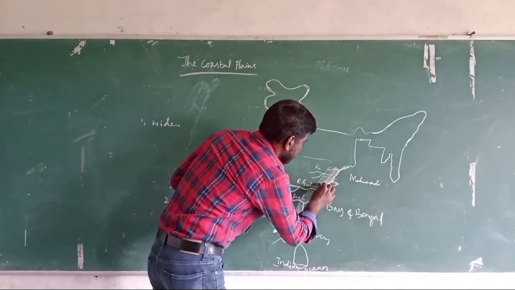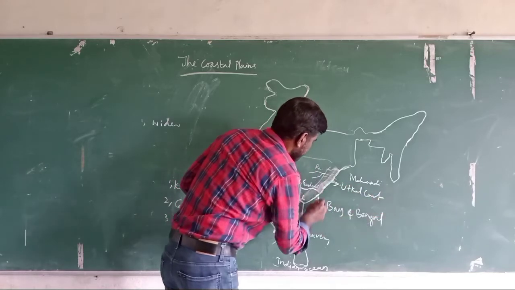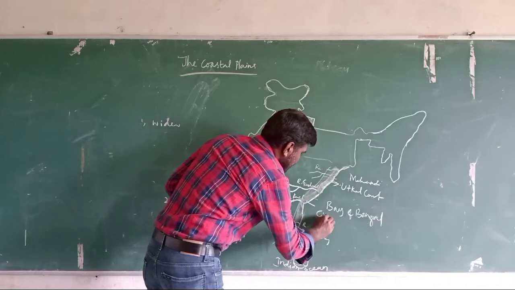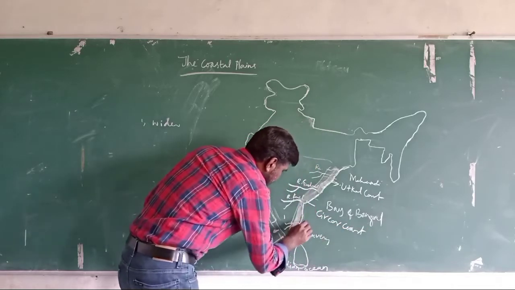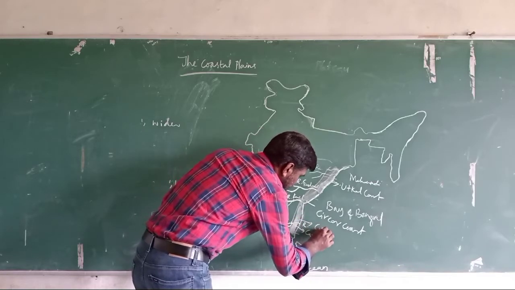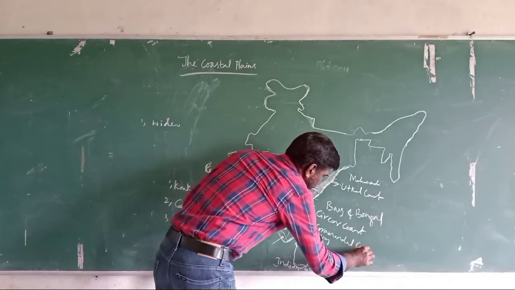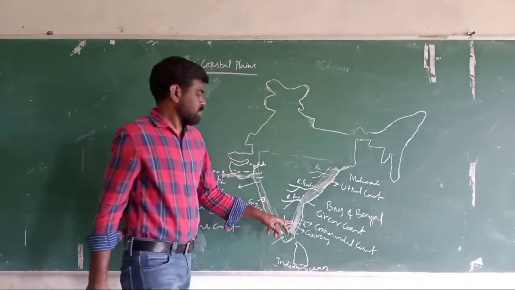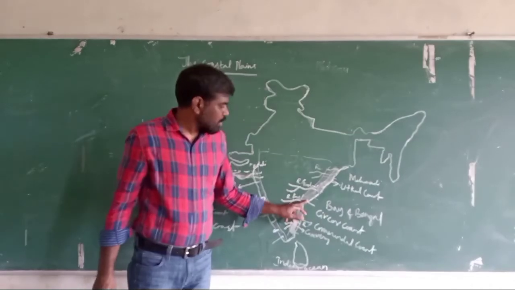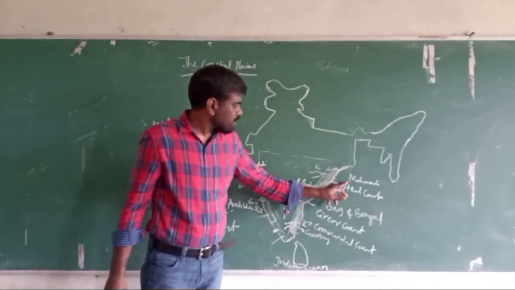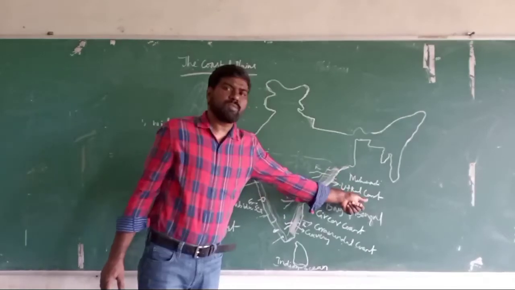This coast in Orissa is the Utkal coast, in Andhra Pradesh it is the Sarkar coast, and in Tamil Nadu it is the Coromandel coast.